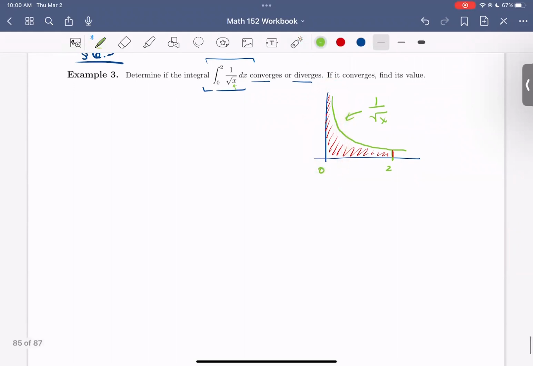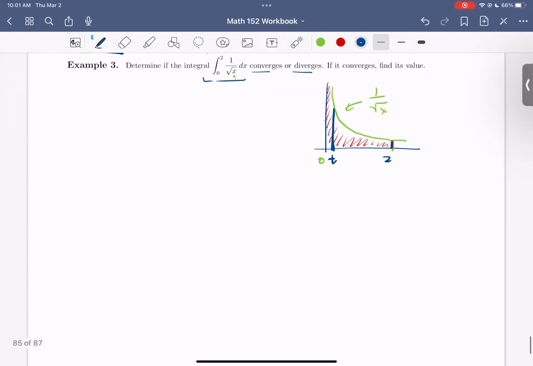All right, so what we're going to have to do then is act like we're computing a proper integral. So I'll use t here as my variable. So computing an integral from t, which is larger than 0, to 2. Okay, so let's write that out. So we're going to compute the integral from 0 to 2 of 1 over root x dx.